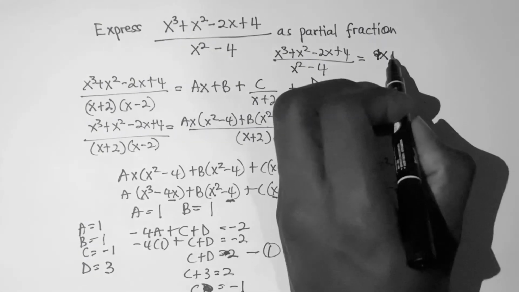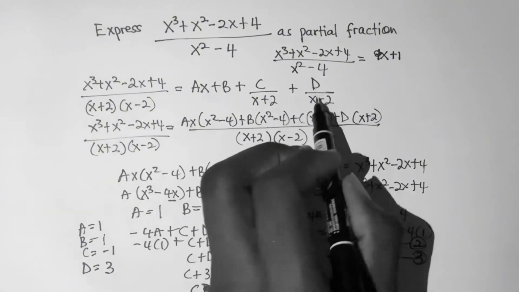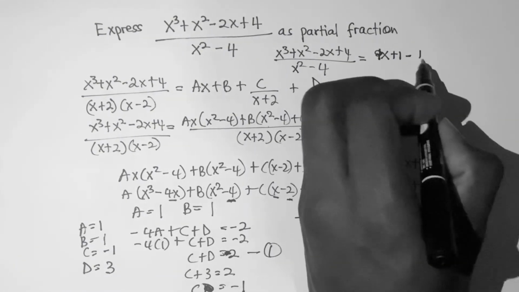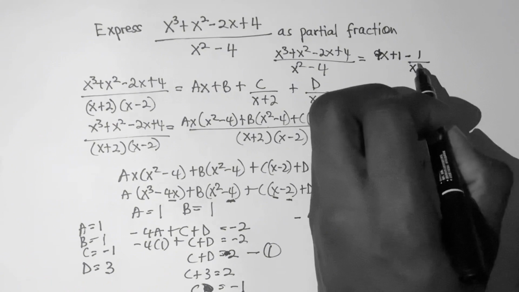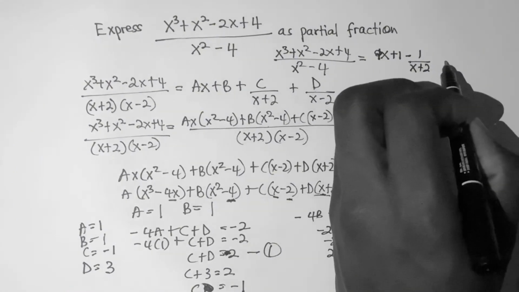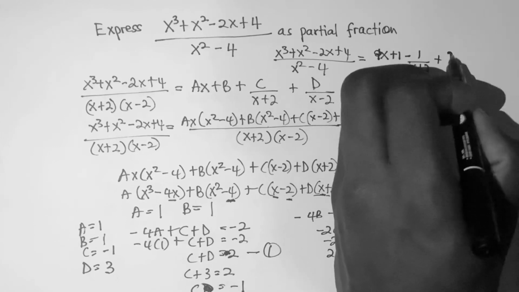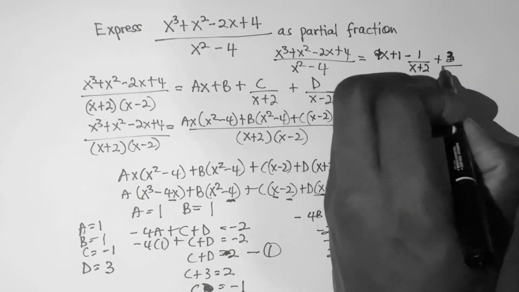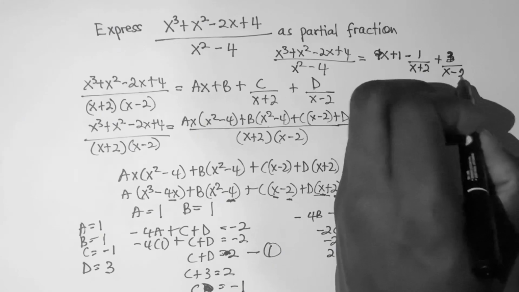Then plus b, b is 1. Then c is minus 1, so minus 1 divided by x plus 2, then d is 3, so plus 3 divided by x minus 2.